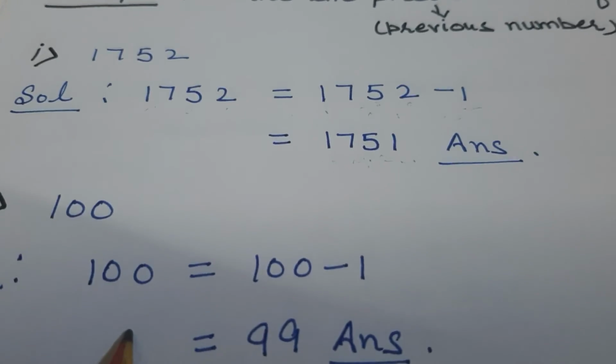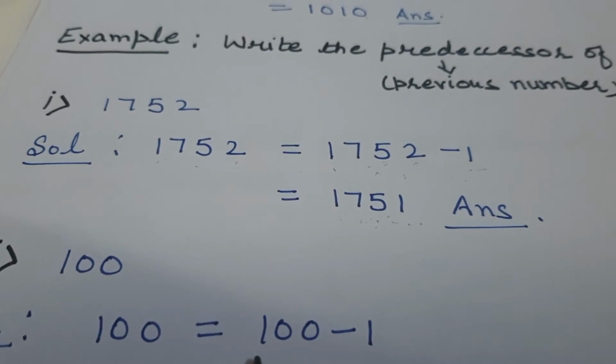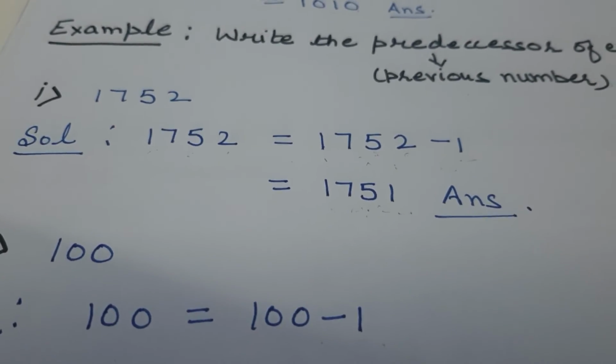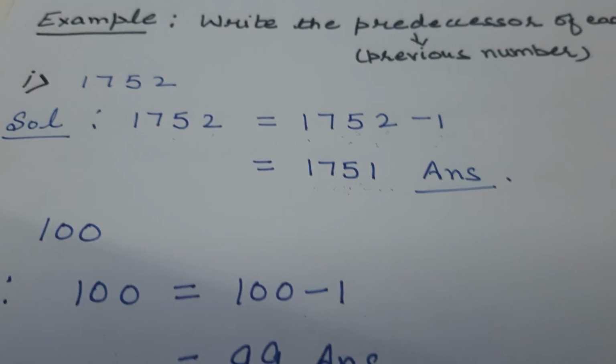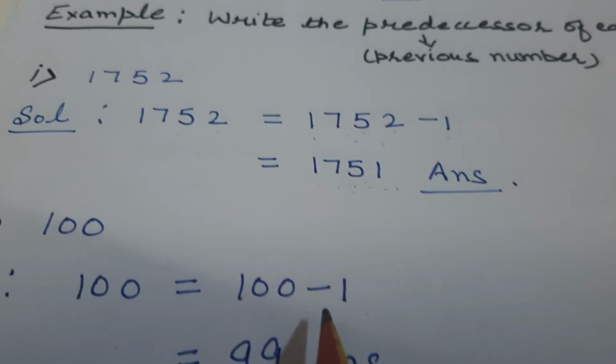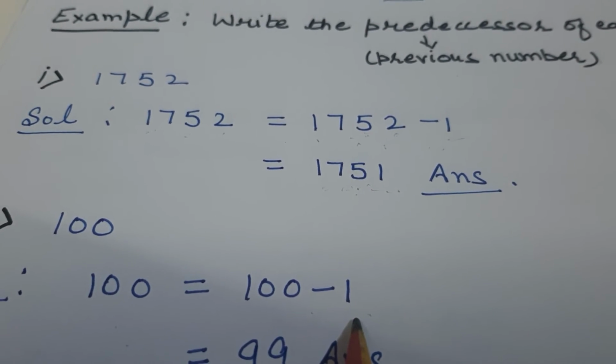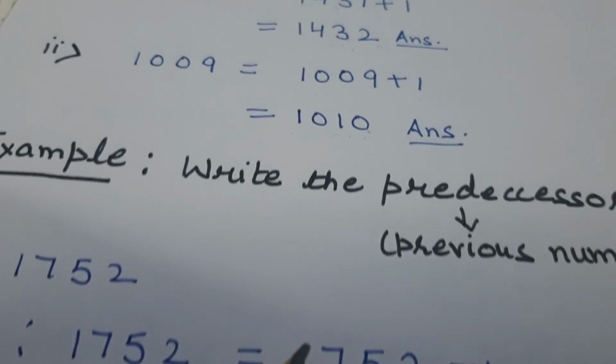One more example I am taking, like 100. 100 is given, so its predecessor, you know the counting, is 99. But I am repeating again that if you are finding any problem, you can subtract 1 from that number. I hope it is clear to all.